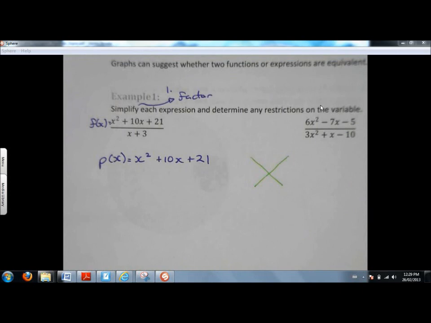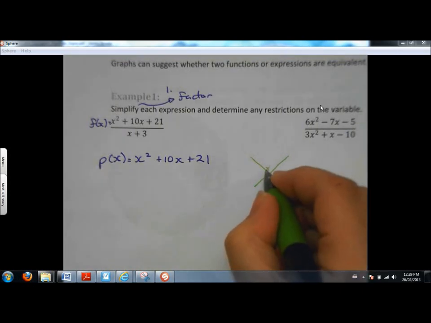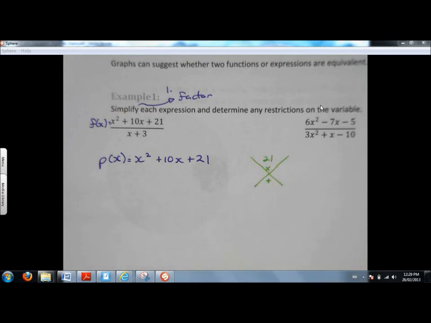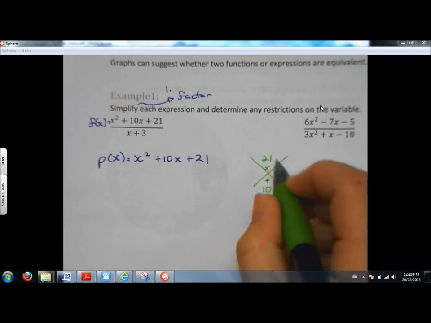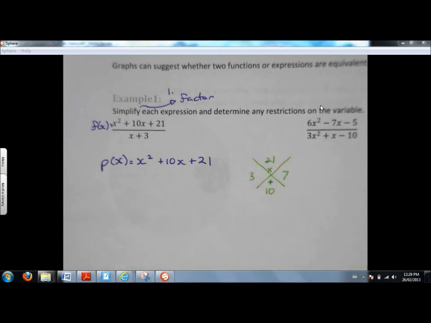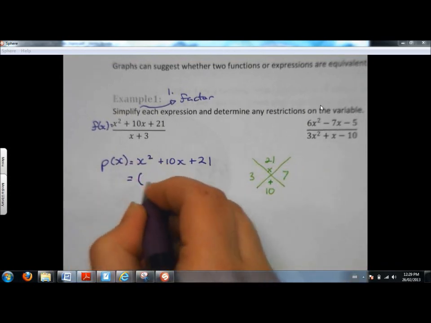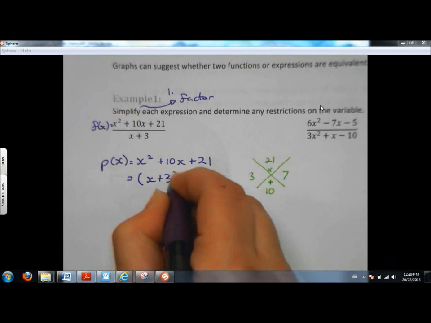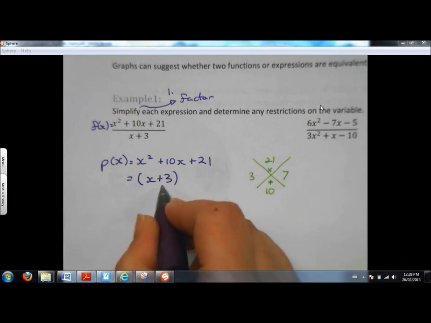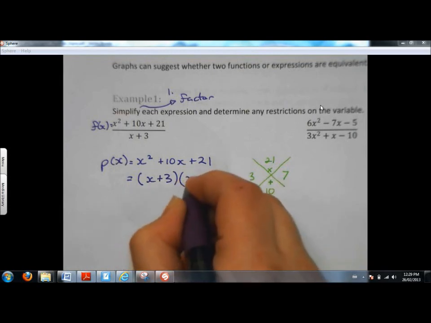We need two numbers that multiply to 21 and add to 10. They've got to be 3 and 7. So I'm going to put x plus 3, and my other one is x plus 7.